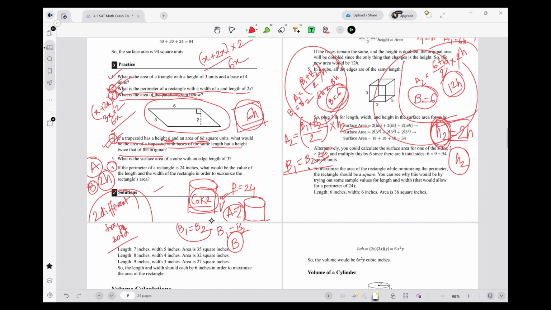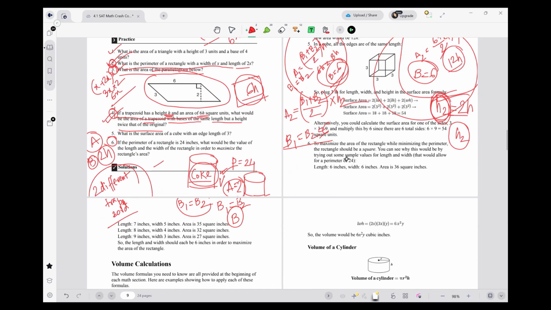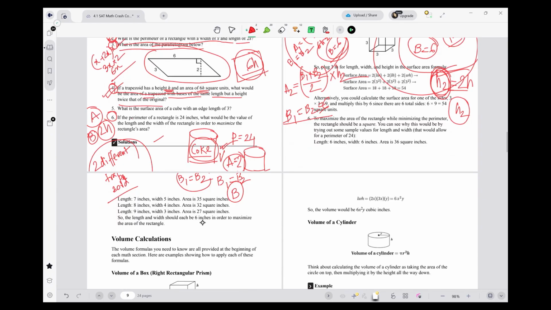Eight and 3. Yeah. Okay. 8 times 2 is 16, and then 8 times 3 is also 24, so that would make sense, I think.